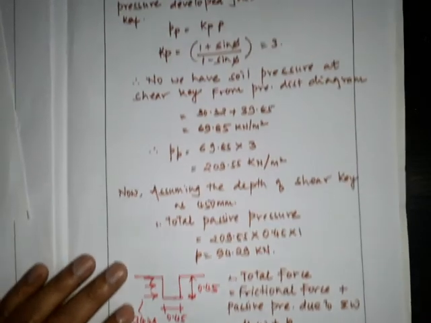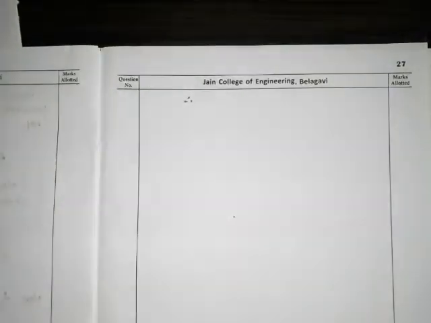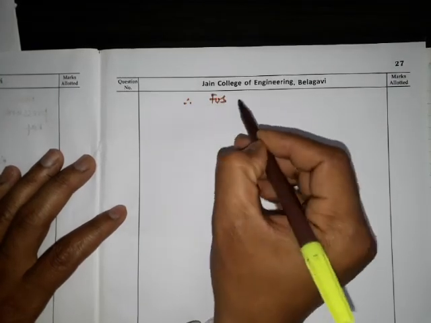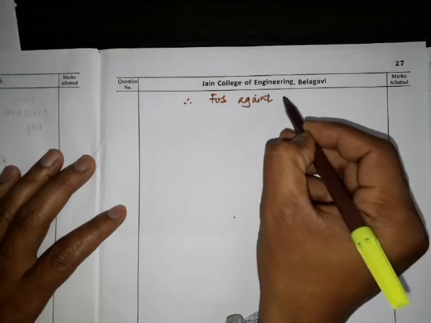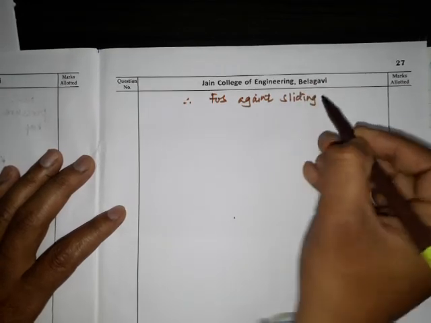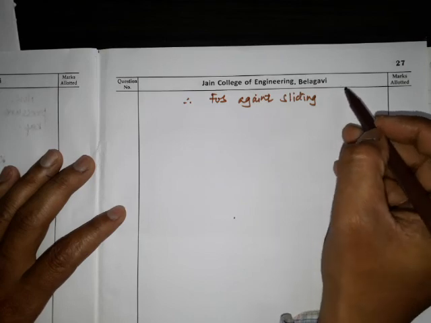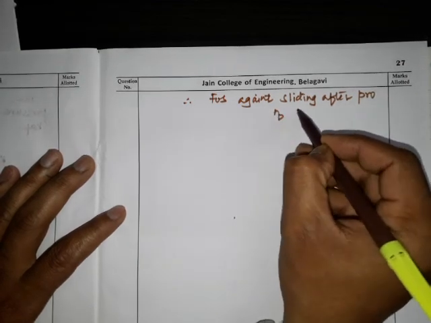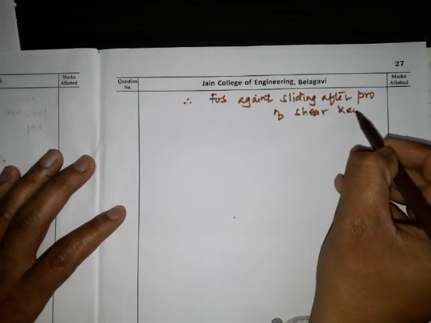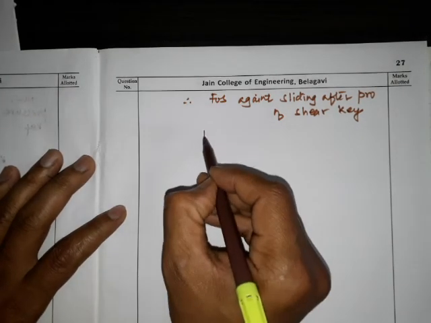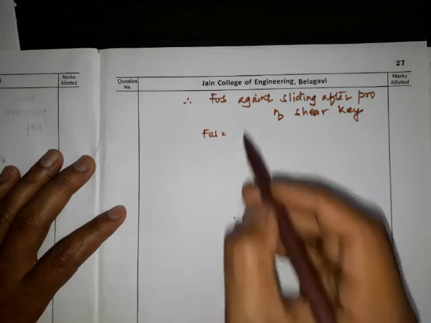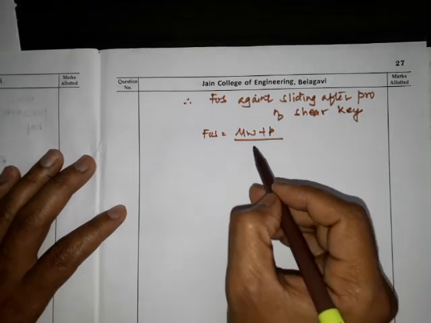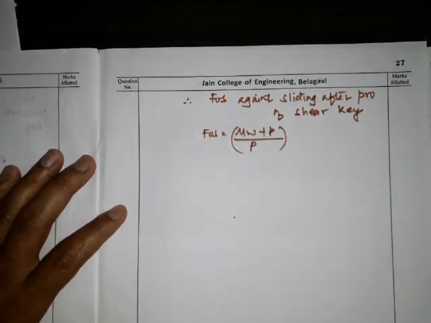Okay. So therefore the factor of safety against sliding after provision of the shear key will be FOS equal to mu into W plus P divided by the lateral earth pressure, the horizontal force.